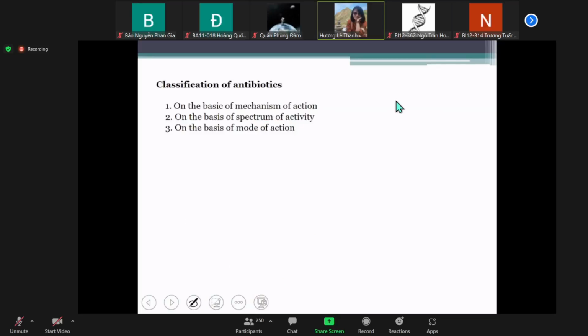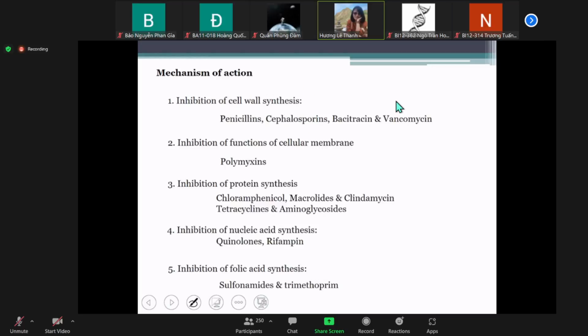So we can classify the antibiotics based on 3 categories: the mechanism of action, the spectrum of activity, and the mode of action. First, by mechanism of action, we can classify antibiotics into several types.